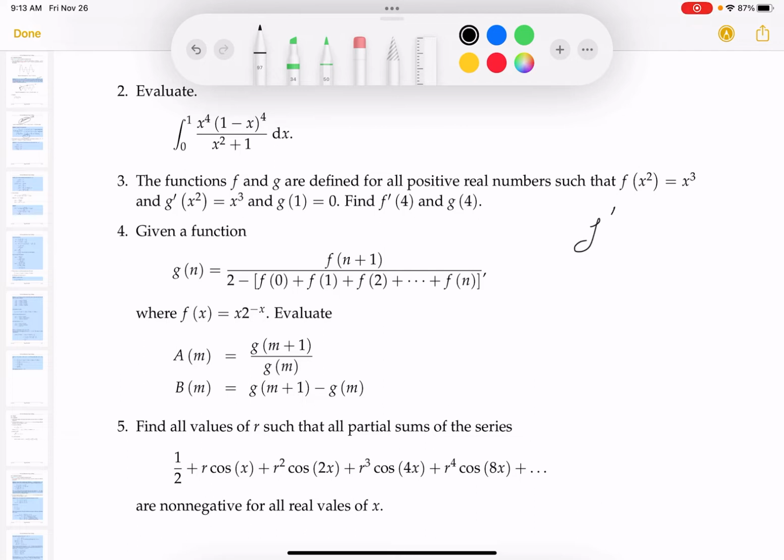f prime of x squared. I use the chain rule, right? That's going to be 2x, and this would be 3x squared. So what would x have to be to get f prime of 4? x would have to be plus or minus 2, right?